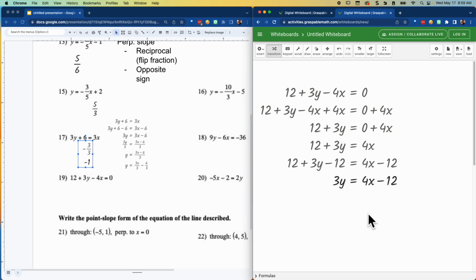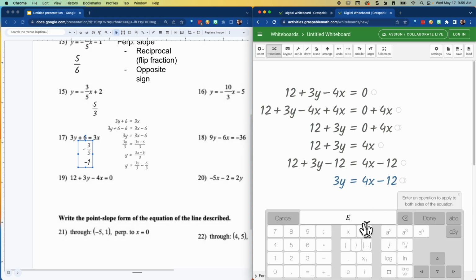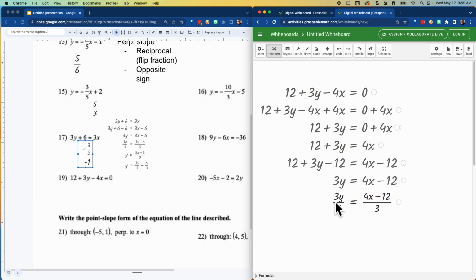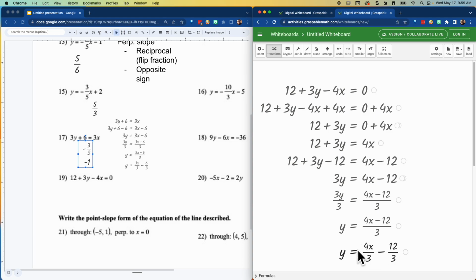And on the other side, I have 4x plus 12. Now the last thing, to get 3y to become just y, I'm going to divide by 3. And that gives me y on that side, but now I got to distribute this division. And my coefficient is 4/3.